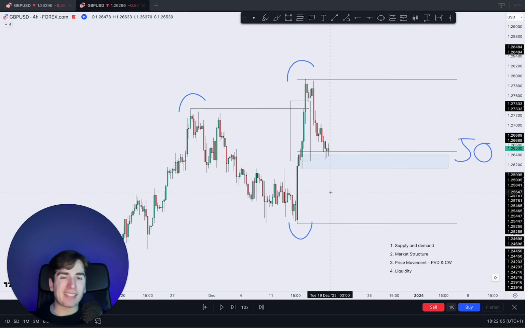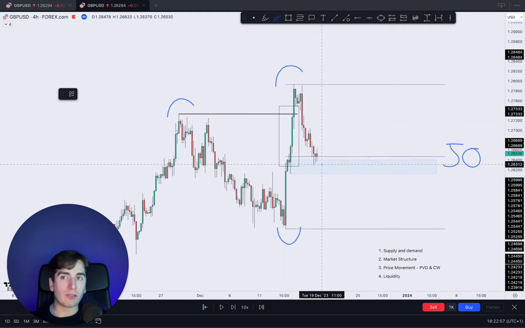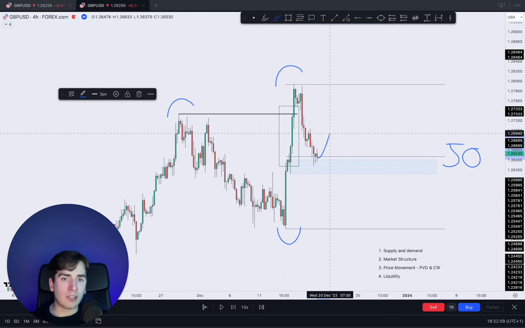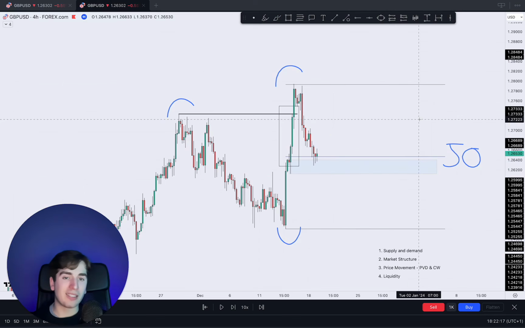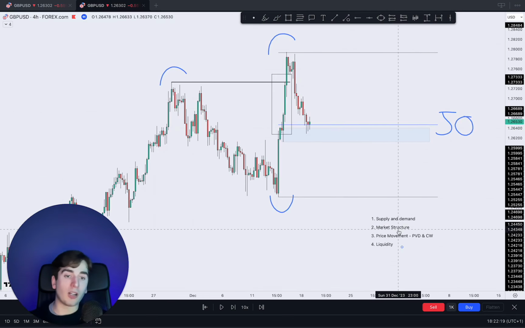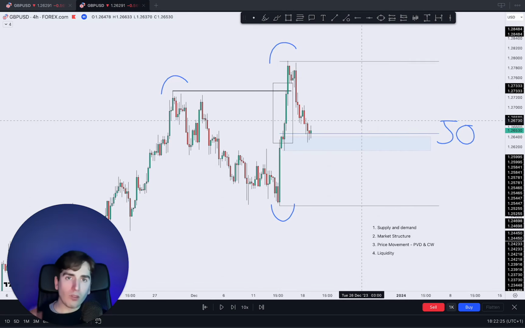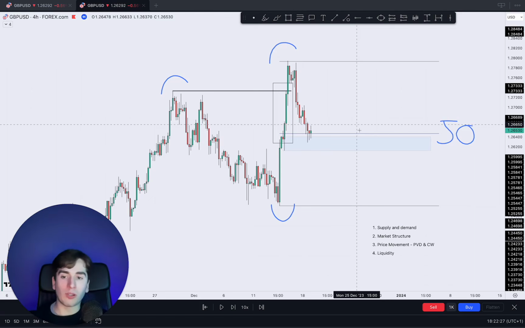So I'm looking for that exact same pattern over here on pound dollar, looking for a bullish reaction, one more move down. So kind of like this area of consolidation, the low gets taken, and then that real bullish move towards the highs. Because that would mean that we have demand, we have bullish market structure, we have discount, and we have liquidity. So all 4 confluence points would line up.